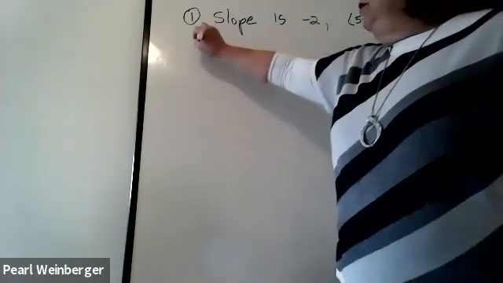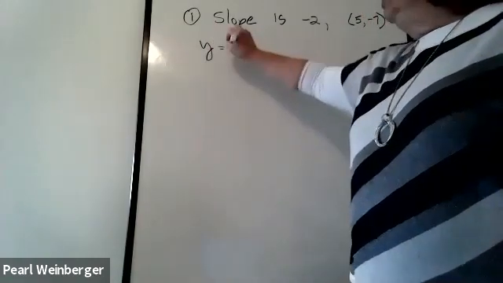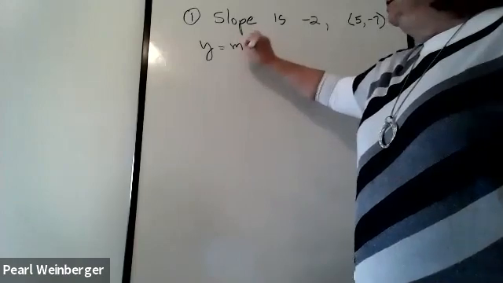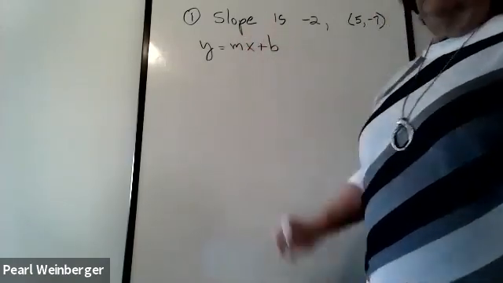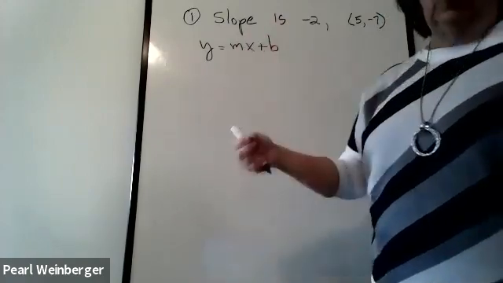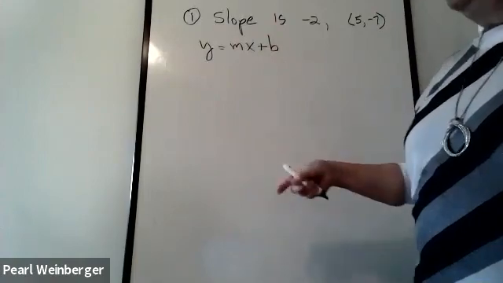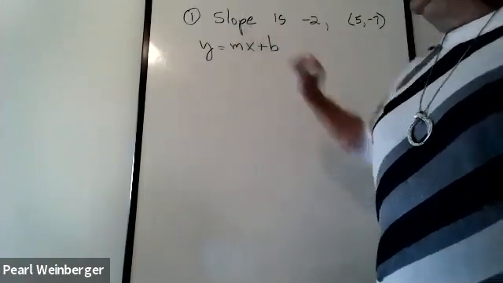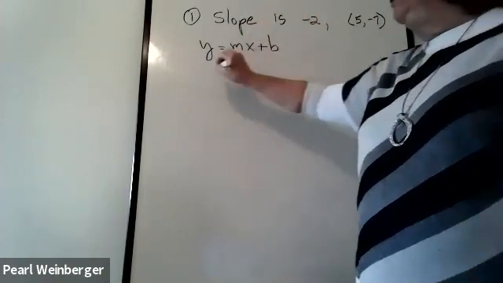Whenever we go to write the equation of a line, we want something in the form of y equals mx plus b. This is what's called the slope-intercept form of the line. The m is the slope of the line. The b is what we call the y-intercept. Now, I already told you the slope of this line is going to be -2.